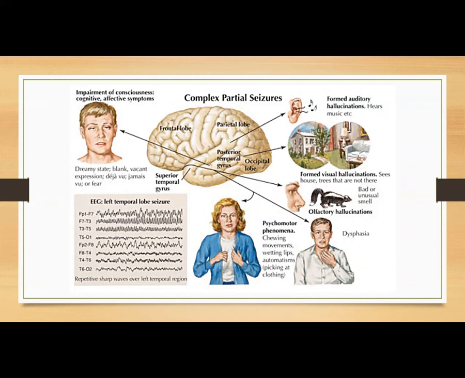But either way, they just have this impairment of the consciousness, cognitive, and affective symptoms. So like on this picture here, because I kind of like it, because it shows very upfront what it looks like. They can have this dreamy state, blank, vacant expression, deja vu, maybe even fear with it. They can even hear music, something of that nature.